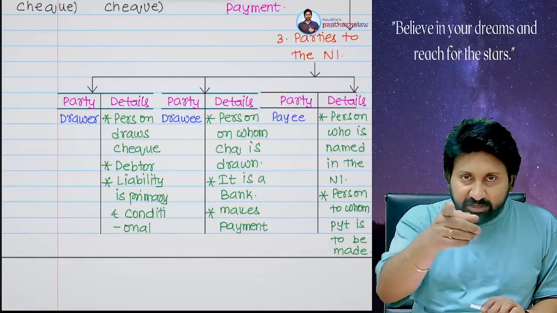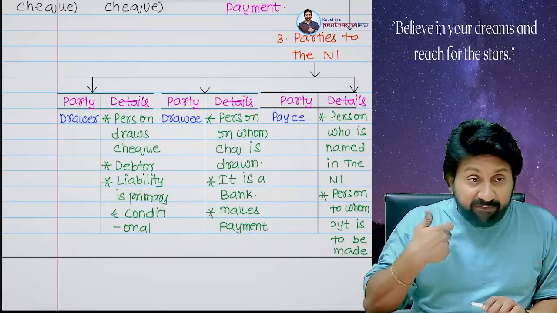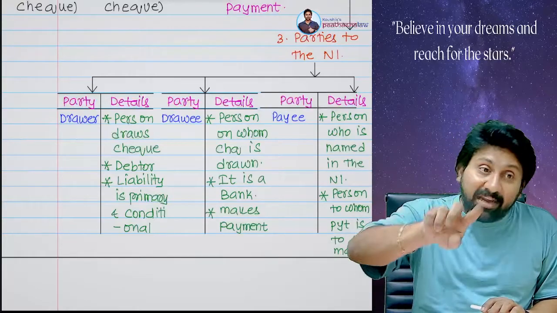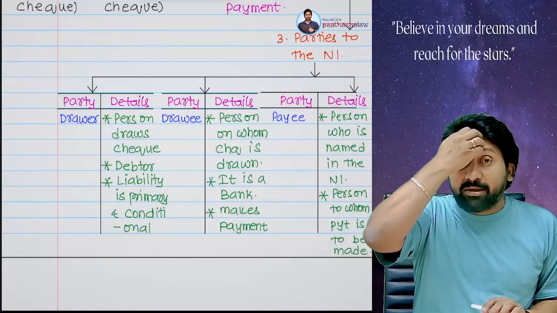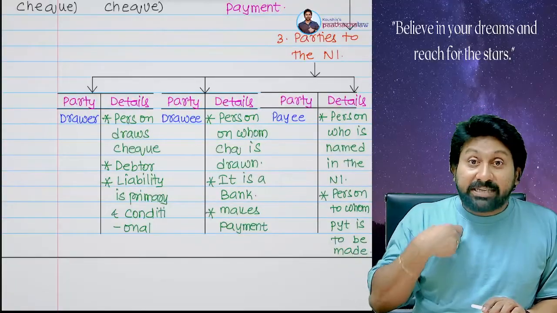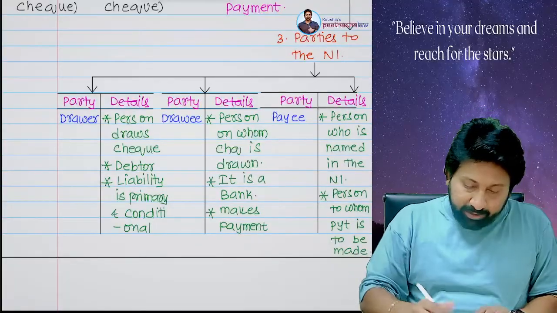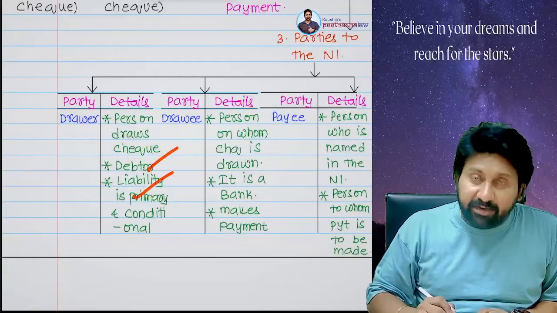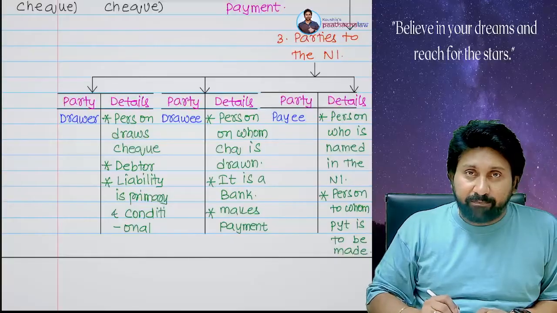I have a liability to pay you. If I give a check, now the banker has a liability to pay you. That's why the banker's liability is not the first liability. First liability is the debtor's. Secondary liability is with the banker. So the person who draws the check is a drawer. He is a debtor. Liability is a primary liability and conditional. Okay, next.